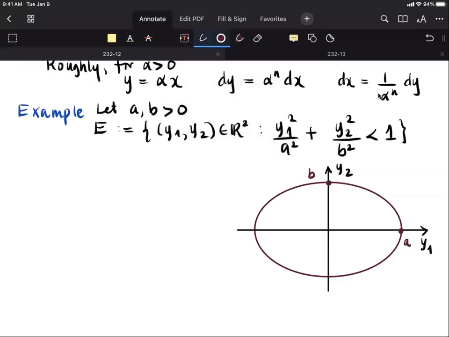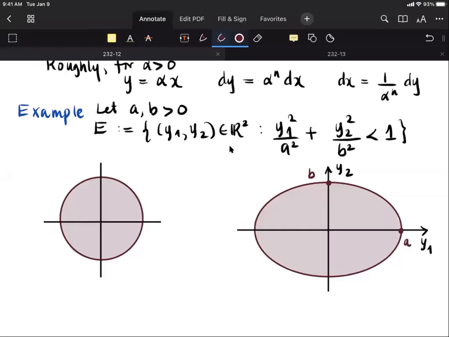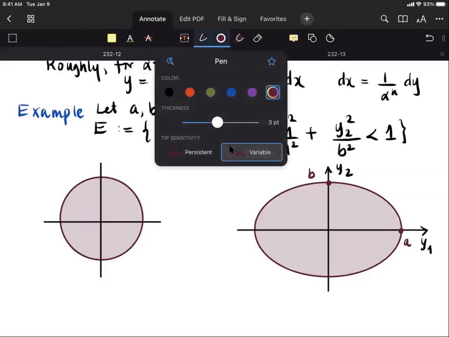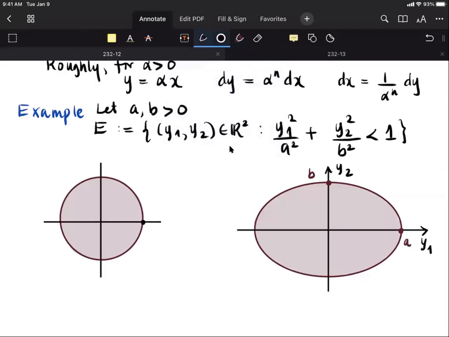We know that we can transform the circle into an ellipse. And for the sake of simplicity, suppose that we take the unit ball.